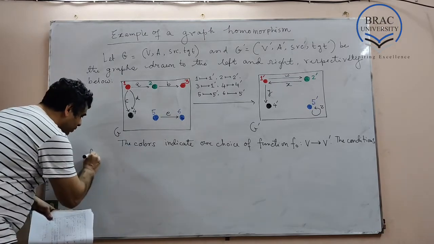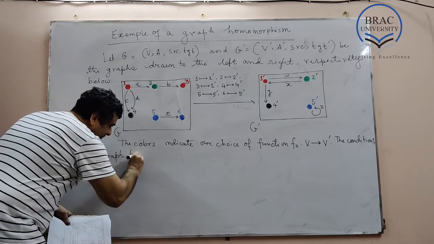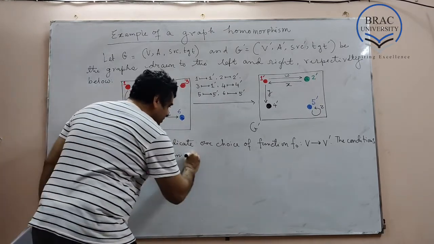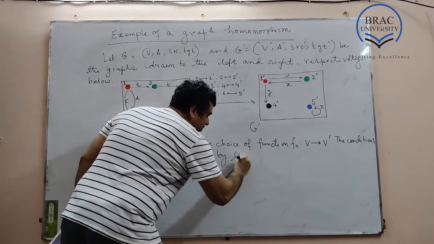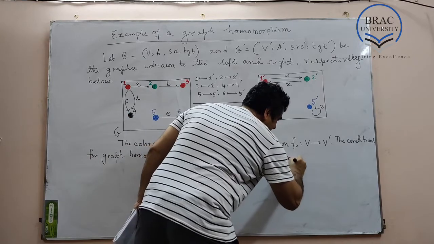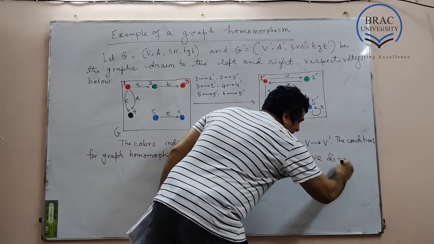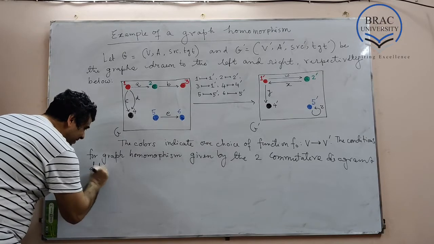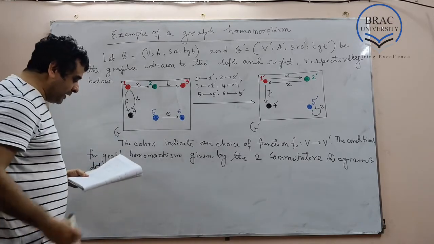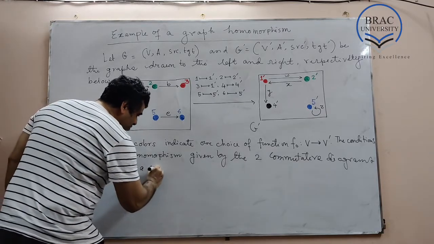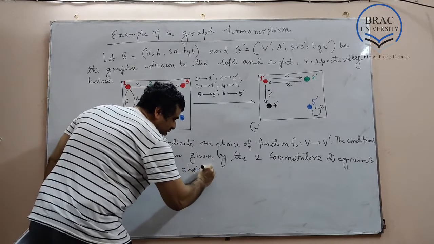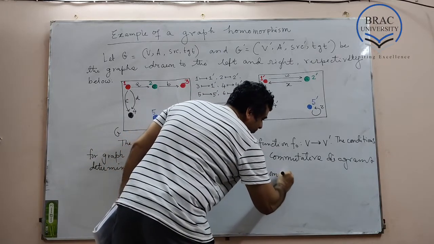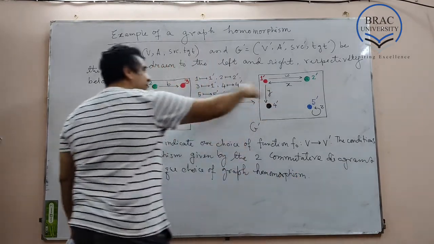The conditions for graph homomorphism given by the two commutative diagrams determine a unique choice of graph homomorphism that we have drawn here exactly.